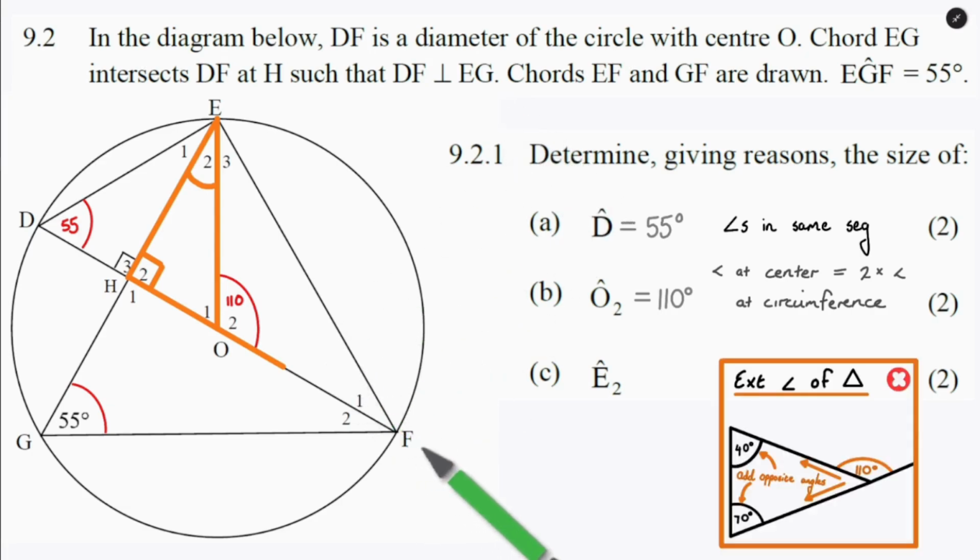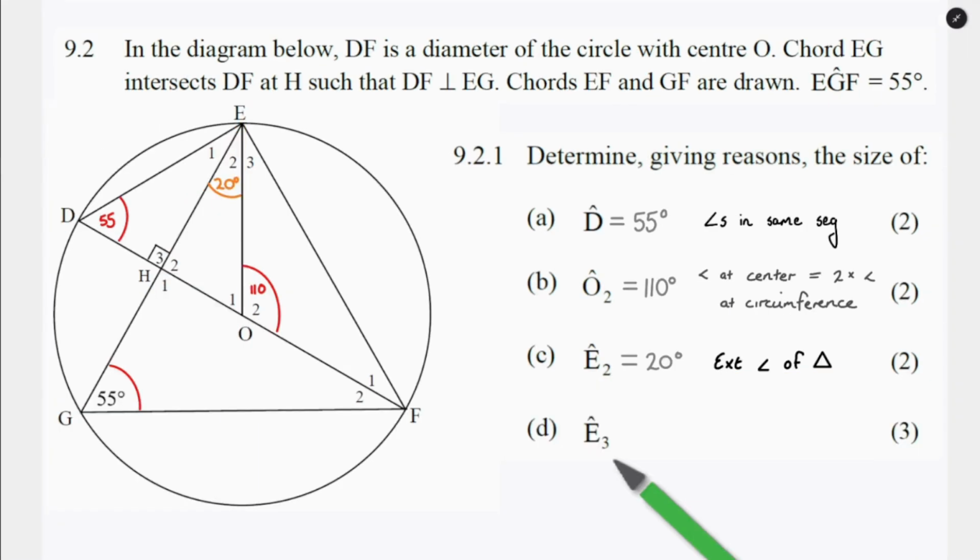So we are simply going to utilize the exterior angle of a triangle, where we add together the opposite angles to get the outside one. We're going to do it in a bit of a backwards order. So 90 plus something must give me 110, or I can say 110 minus 90 to get E2 to be 20 degrees. And that wraps up E2, my friend.